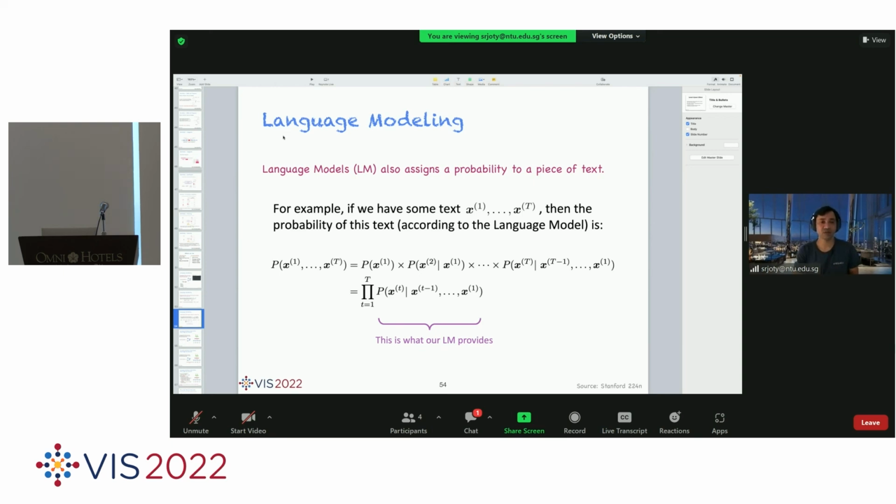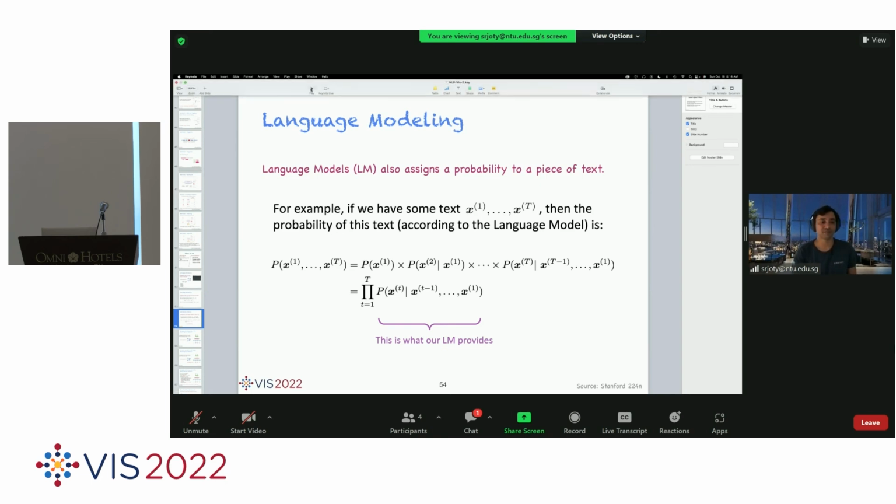Maybe you are trying to do essay scoring, or authorship attribution. For each author, you could have a language model, and you could use it to define the probability that this text is written by this author. So again, you could use language modeling as a way to score text for a particular task.